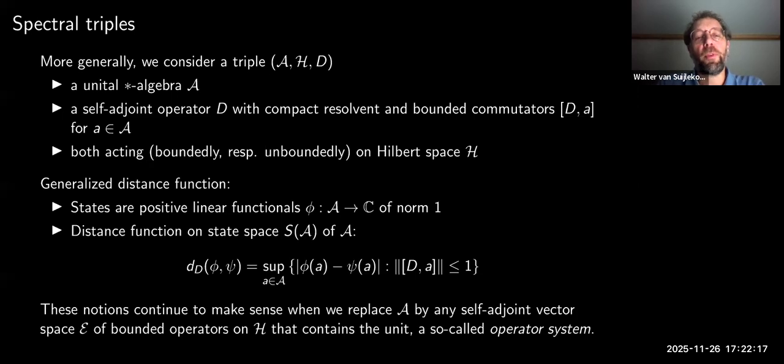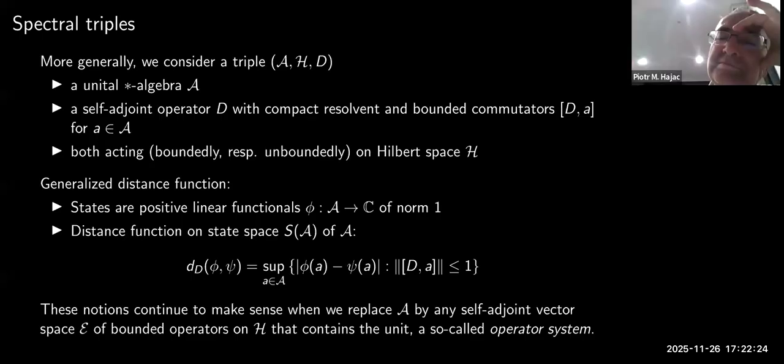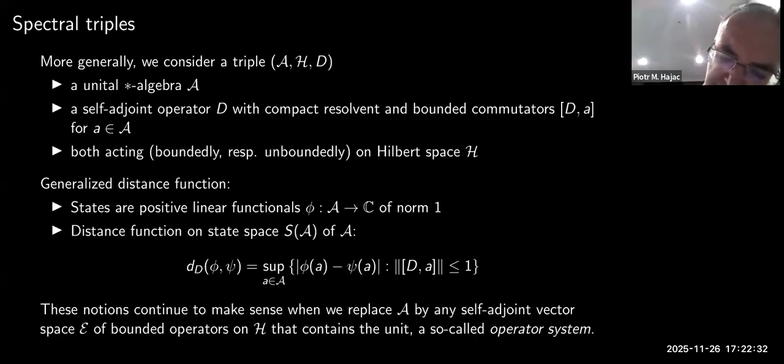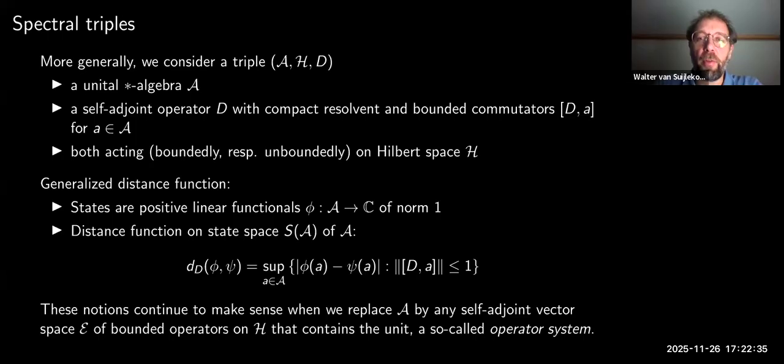So there's of course an amusing fact now. Maybe that's a good point to make here. You get this distance function on the state space, but you already have a topology on the state space. It's the weak-star topology. So you may wonder, when does this metric that I have on state space metrize that topology?